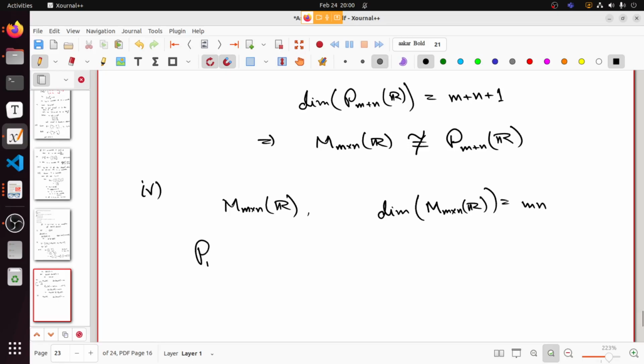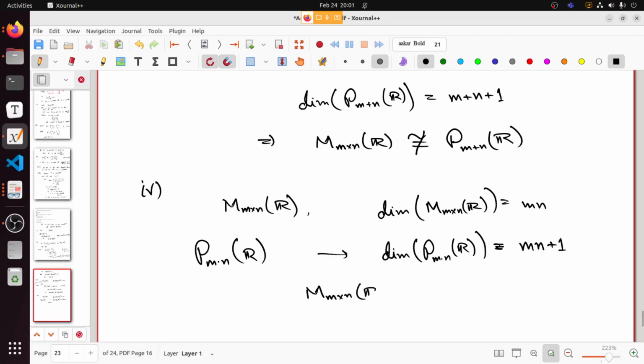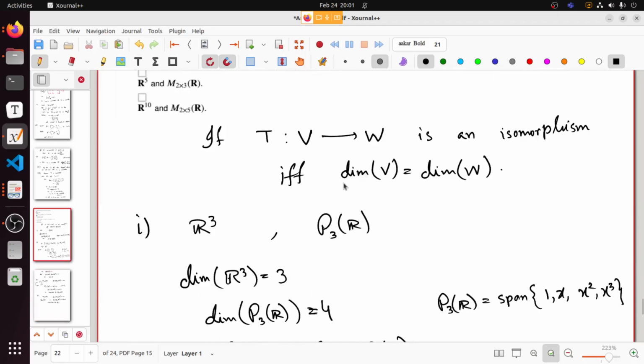And what will be P mn of R? Its dimension will be mn plus 1, because 1 will be more, since we have 1, x, x square, up to x to the power mn. So they have different dimensions, which implies they are not isomorphic. So option number 4 is also incorrect.